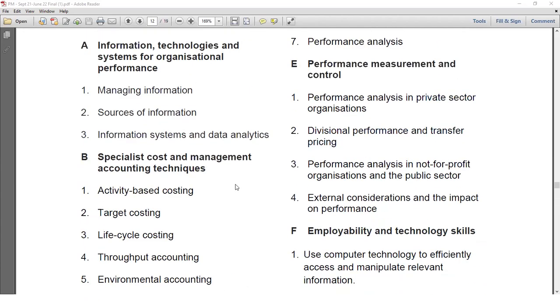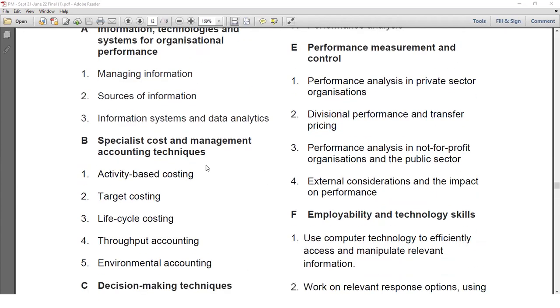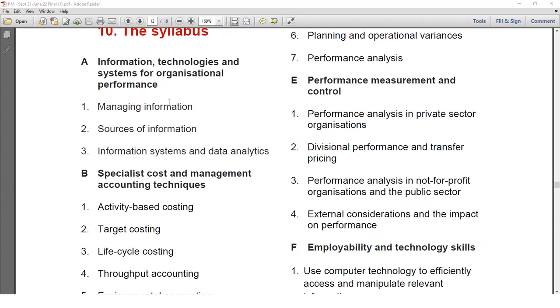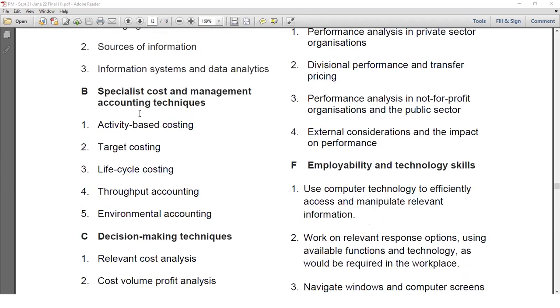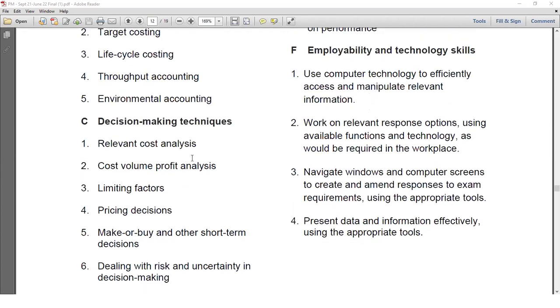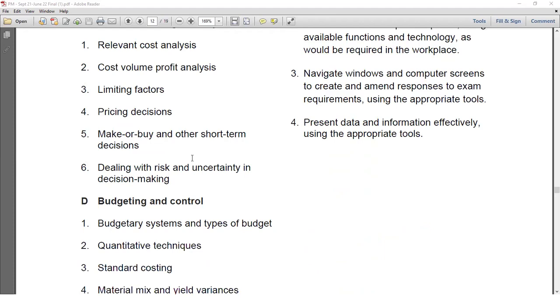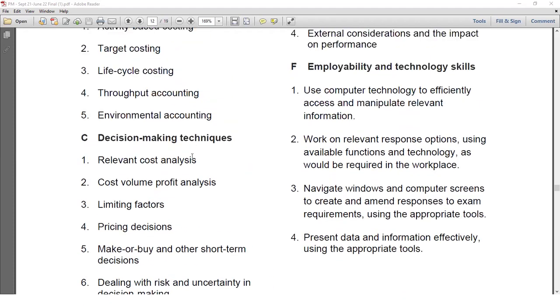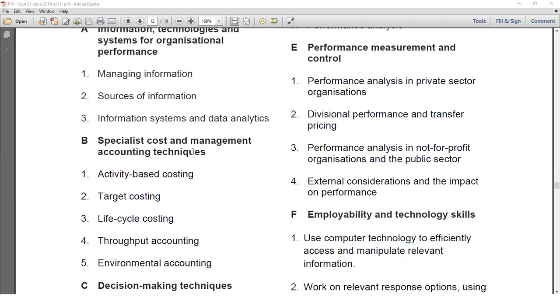So in terms of the core areas of the syllabus, some introductory information systems there, specialized cost management techniques here, decision making, budgeting and control, and the area called performance measurement and control.